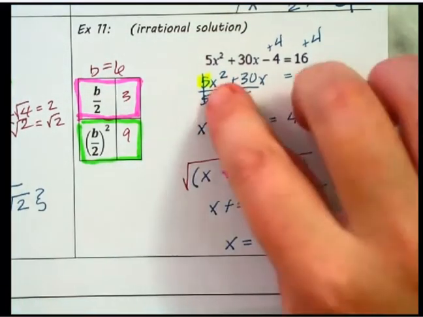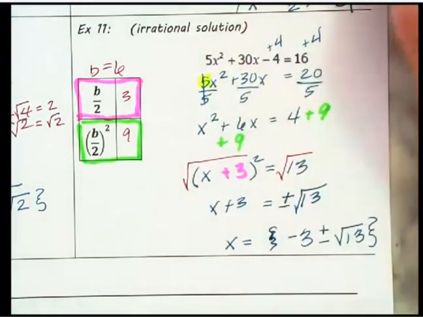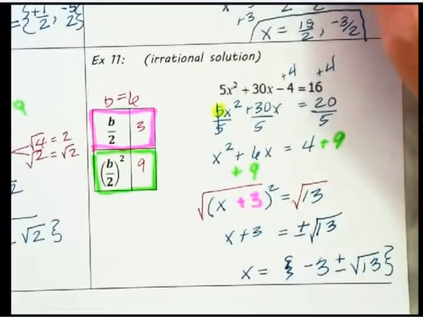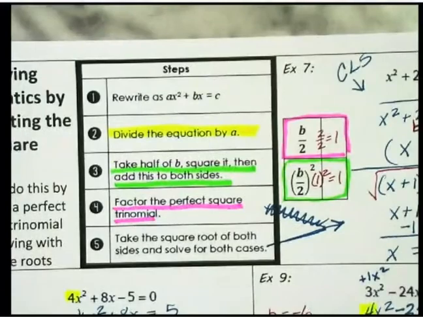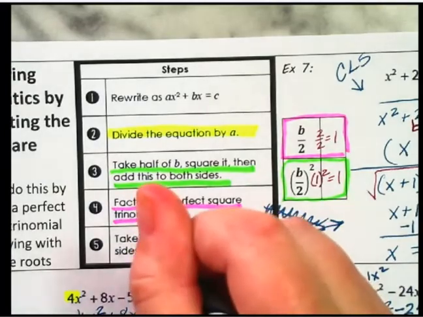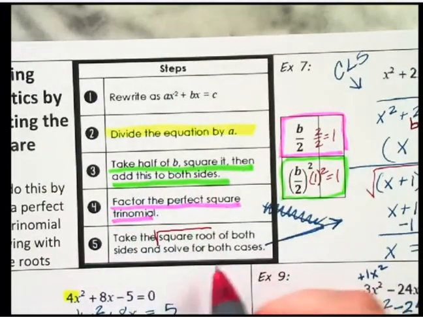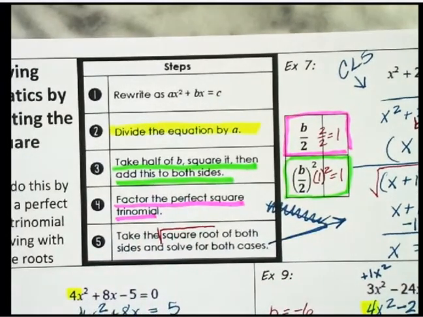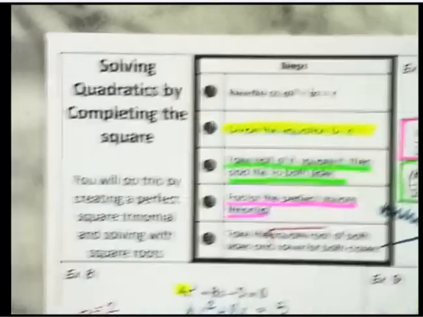Okay. Yellow is if the A is greater than 1, then I need to divide by it. So I've highlighted everything here for us. Okay. And then take the square root of both sides and simplify completely and solve for both cases. So these are my steps.